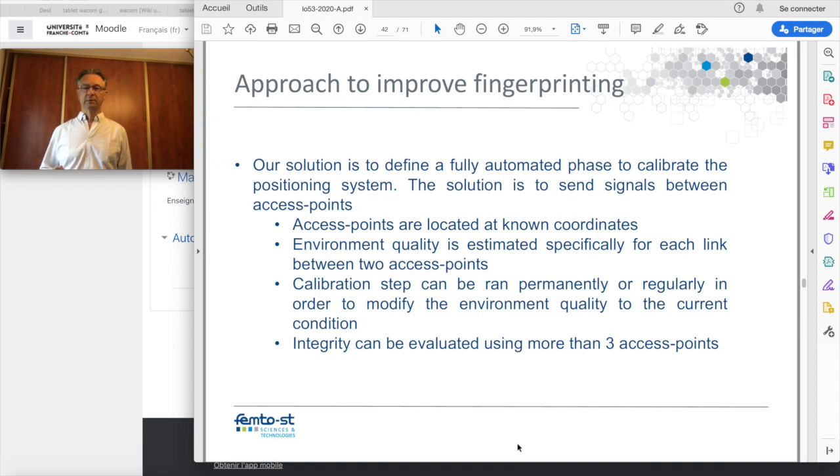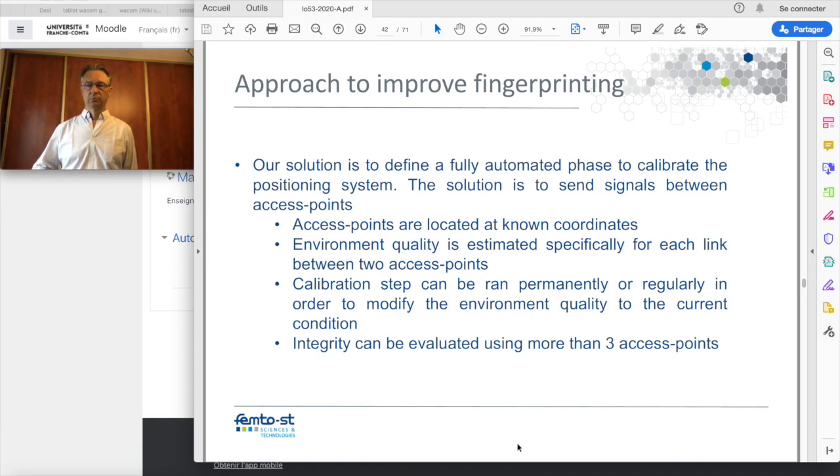Our idea was to make this input information fully automatic, in order to have something which is more or less plug and play, quite simple to use for non-expert, non-specialist users.